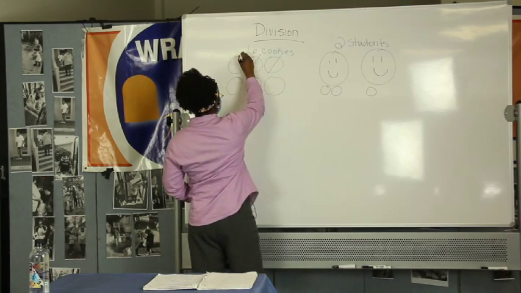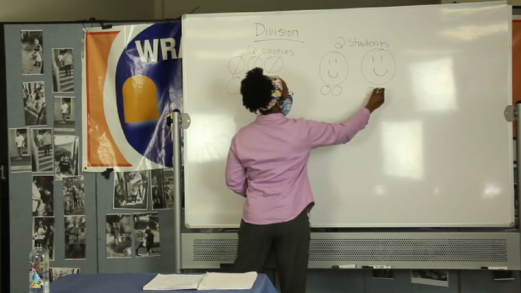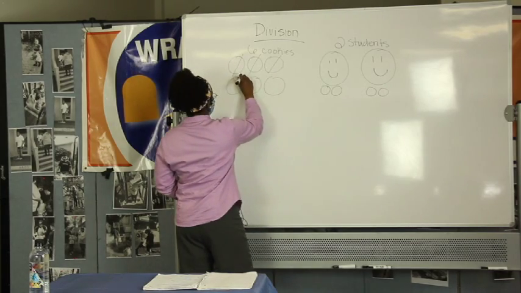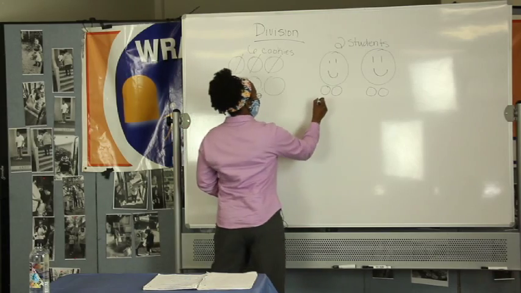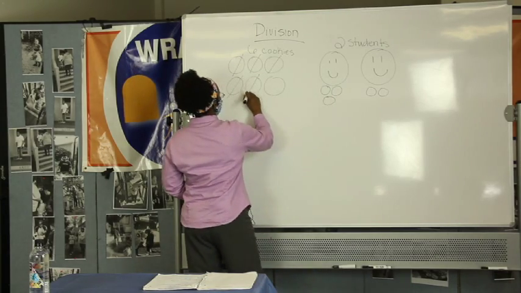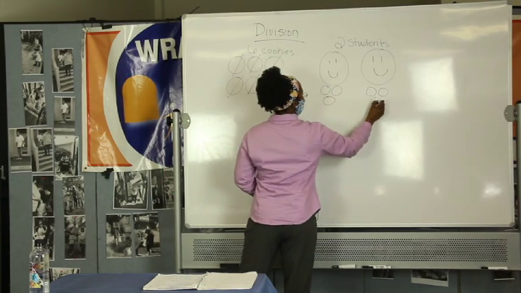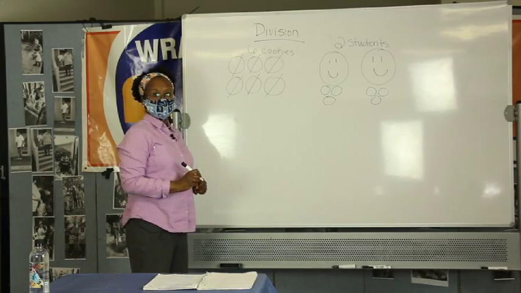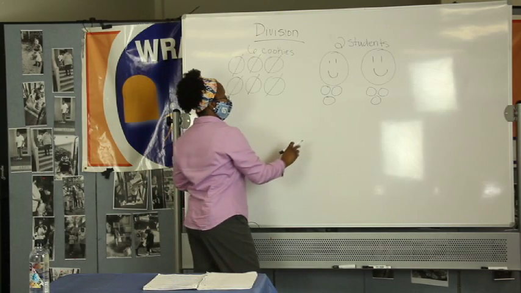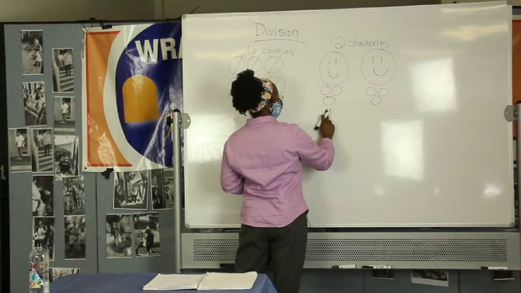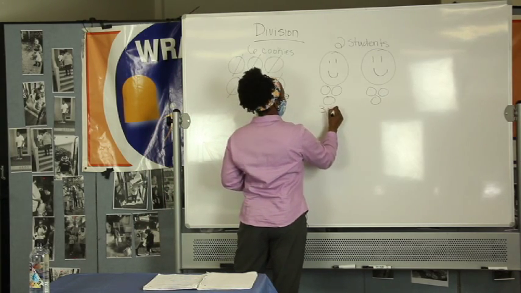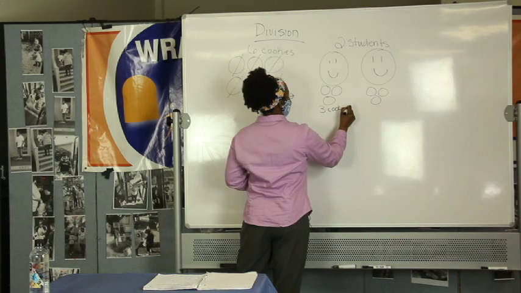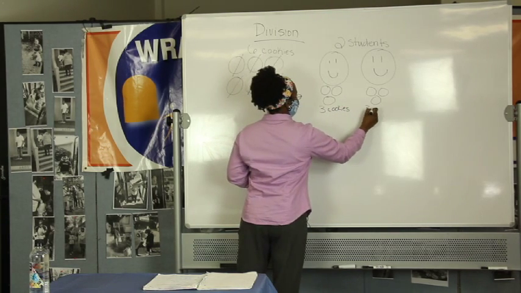Give another cookie to each student. Another cookie. And the last one. So we divided the cookies between the students. Each student is getting 3 cookies. Each one gets 3 cookies.